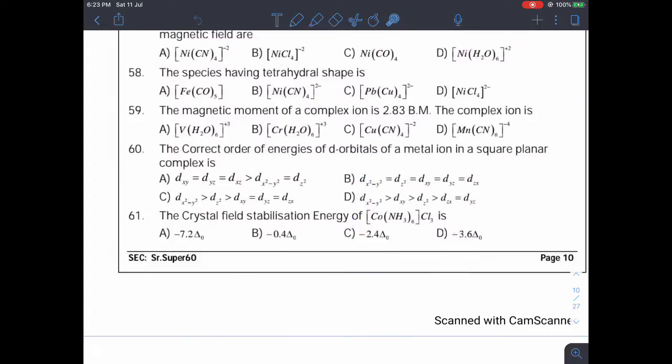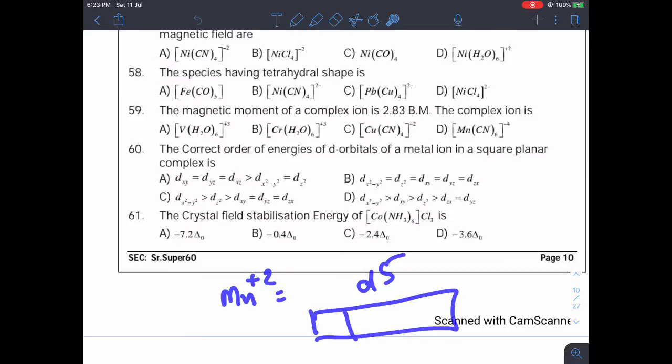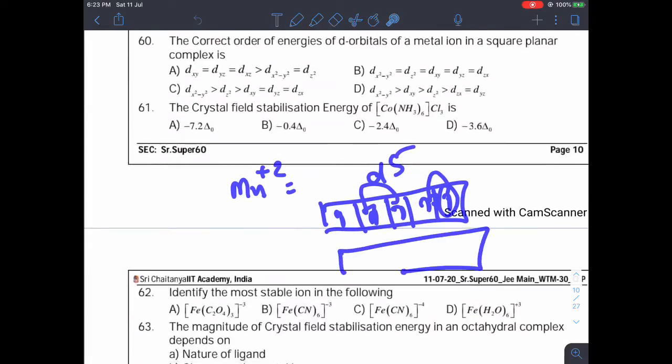And if you look here, this is Mn2+ with a strong field ligand. So Mn2+ straight away will be d5. So d5 with a strong field ligand: 1, 2, 3, 4, 5, but after continuous pairing, let's pair from here to here, and from here to here. So we will just get one unpaired electron.